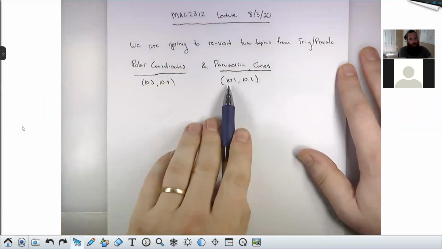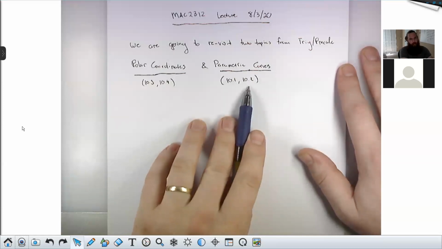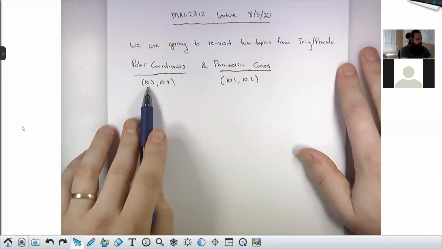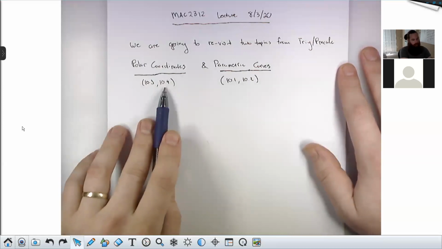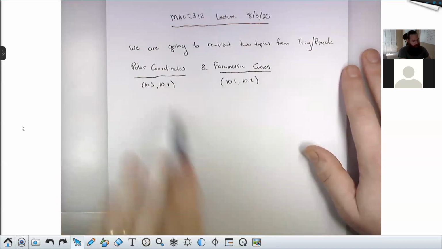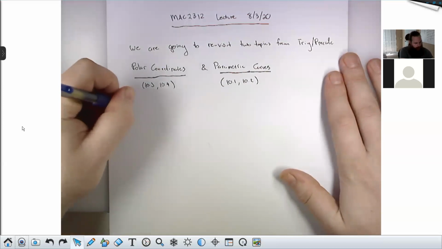So 10.1 is your intro to parametric curves, reminds you of the stuff you learned in pre-calc. 10.2 is calculus with parametric curves. 10.3 is intro to polar coordinates, stuff that reminds you of what you did in trig, and 10.4 is calculus in polar coordinates. We're going to move very quickly through 10.1 and 10.3, and we'll slow down a little bit in 10.2 and 10.4. So let's start on section 10.1.